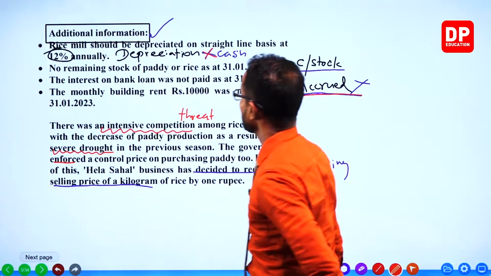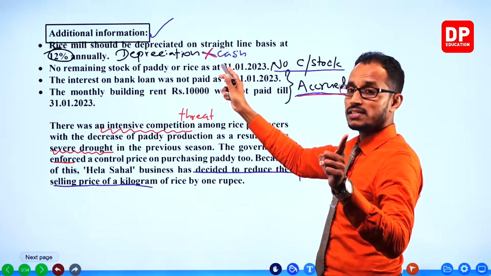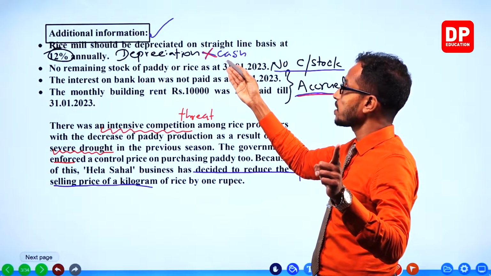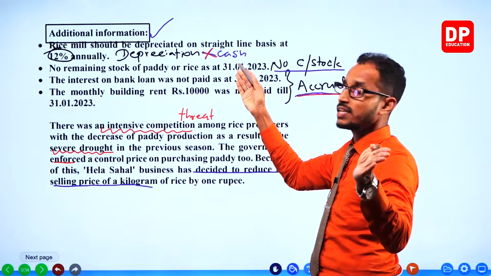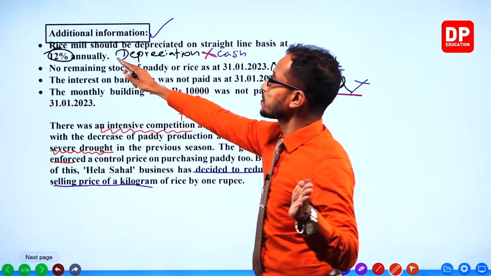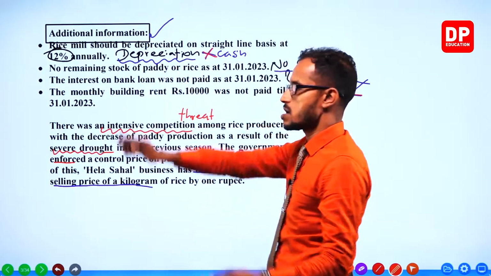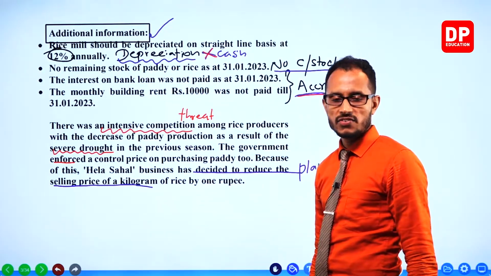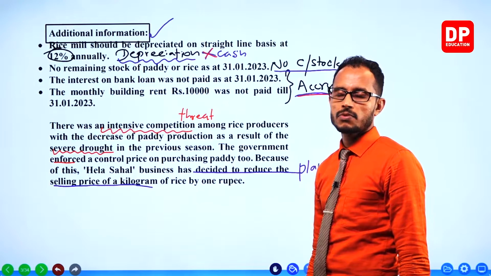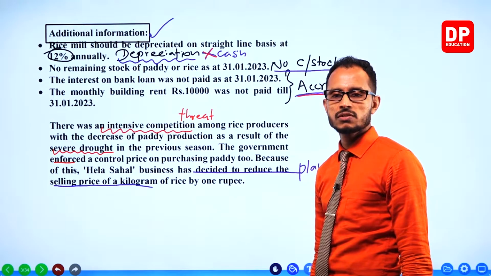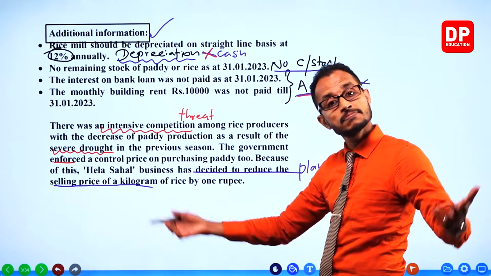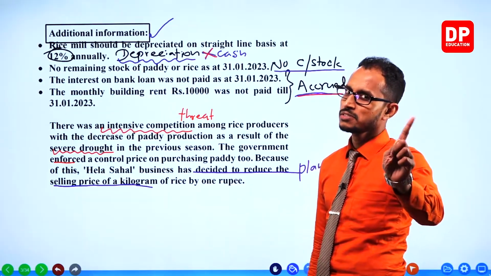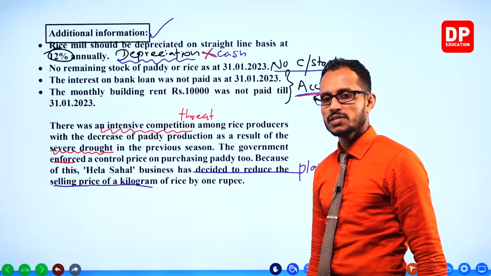Now, remember, depreciation is not a cash expense, so it's not included in the cash book. But you have to include it in the profit or loss calculation because it is an expense. Not a cash expense, but it's an operational expense.